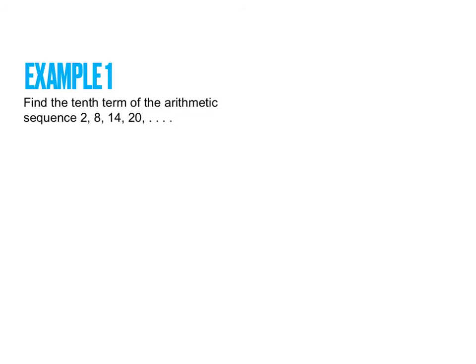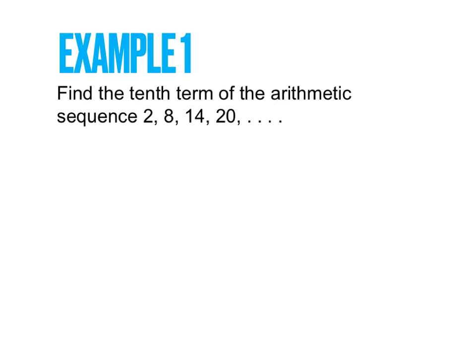So let's look at our first example. We need to find the 10th term of the arithmetic sequence. The first thing we need to do is find out what our common difference is. To go from 2 to 8, we add 6. To go from 8 to 14, we add 6. And to go from 14 to 20, we add 6.